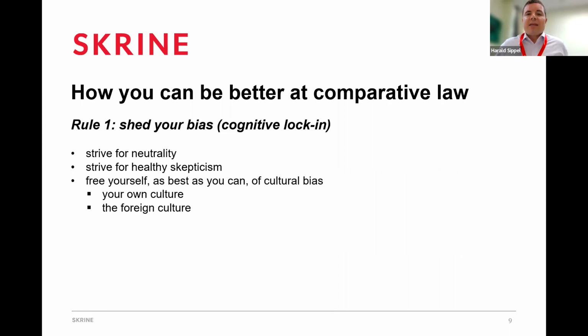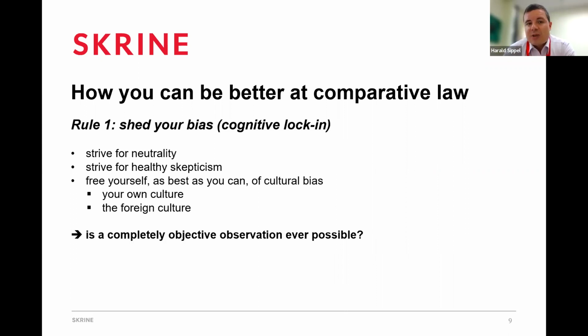If you know, for instance, that in Indonesia, conflicts should generally be avoided if possible, then whether you are Indonesian or not, that's a bias you have. And you may view things with this bias. But when you engage in comparative law, you should really start from zero, forget about those biases, and try to understand more specifically what this certain rule is about.